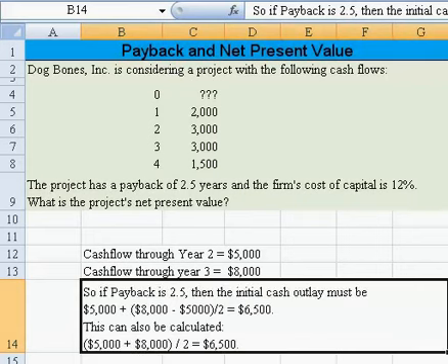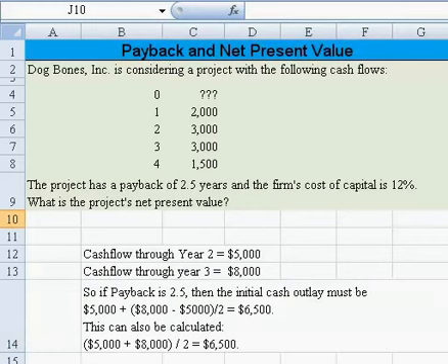So if payback is 2.5, then the initial cash outlay must be the 5,000, which is the cash flow through year 2, plus the difference between year 3 and 2 divided by 2 to find the midpoint, and that comes to 6,500. Now you could also calculate that simply by taking the 5,000 and the 8,000 and dividing by 2.